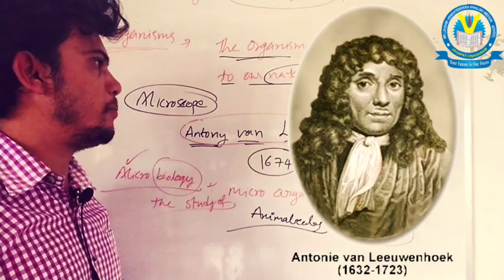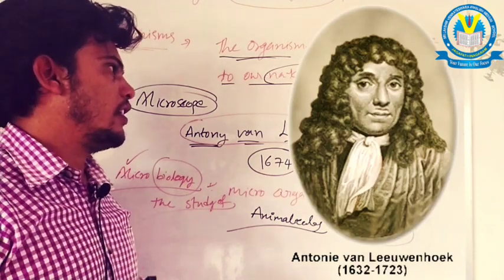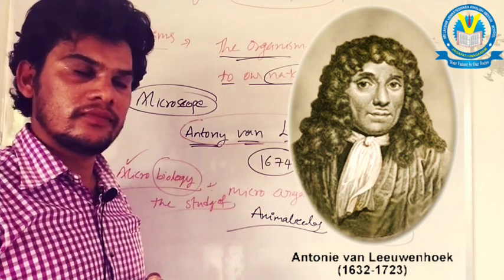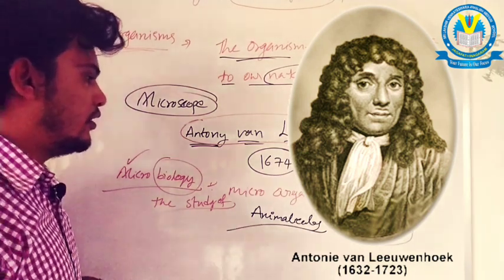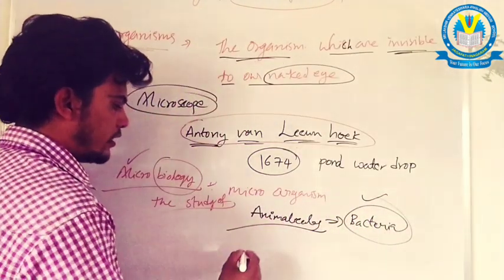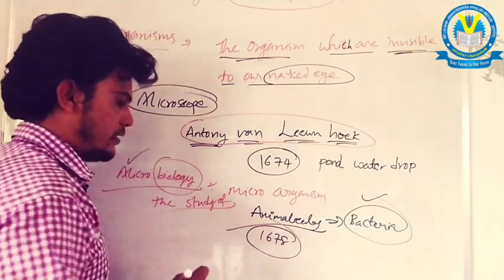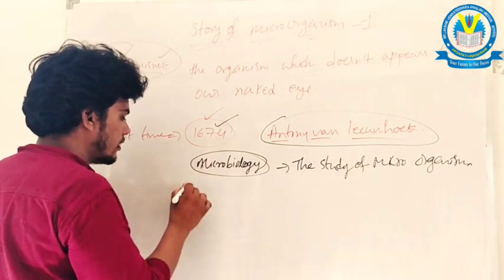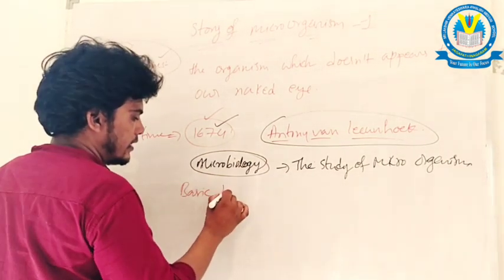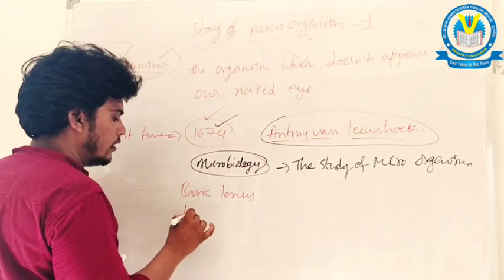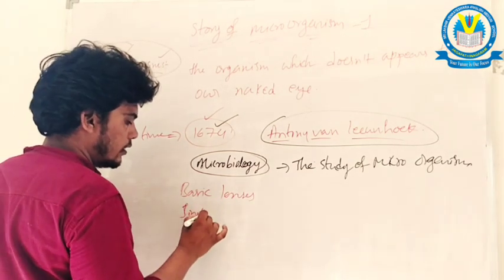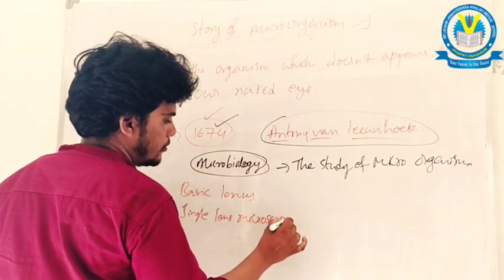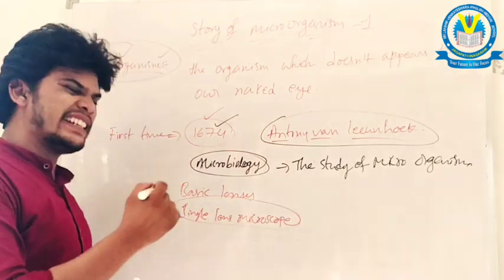So look at the picture. He is the great person who did experiments to observe microorganisms, Antony van Leeuwenhoek. This bacteria was discovered by Antony van Leeuwenhoek in the year 1678, with the help of a basic single lens microscope.